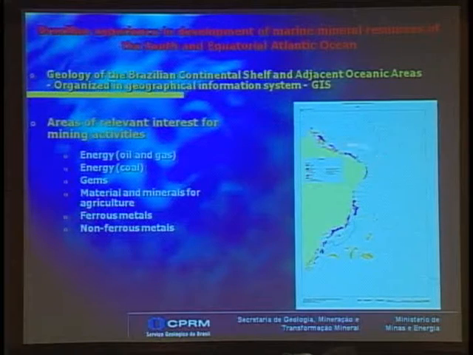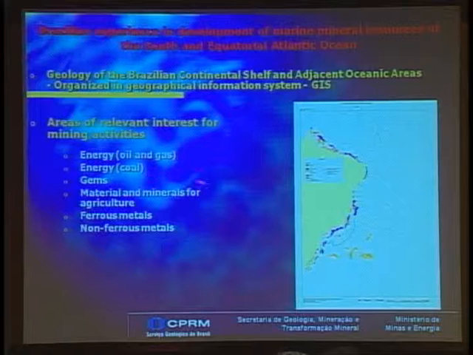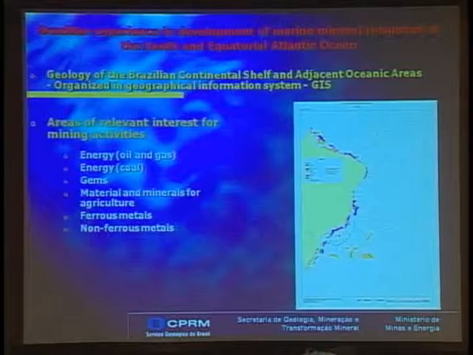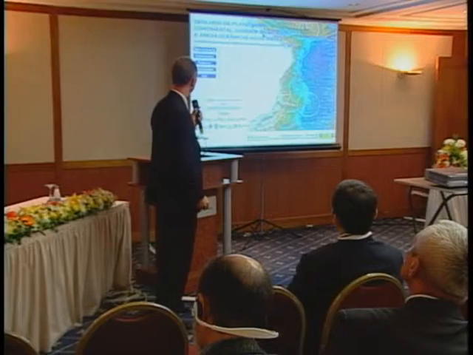And we group the minerals into energy, which is oil and gas, energy for coal, gems, material and minerals for agriculture, which is very important for Brazil, ferrous metals and non-ferrous metals. In the non-ferrous metals, we include sand and gravels, which is very important for civil construction and to rebuild eroded coastline. The next one.